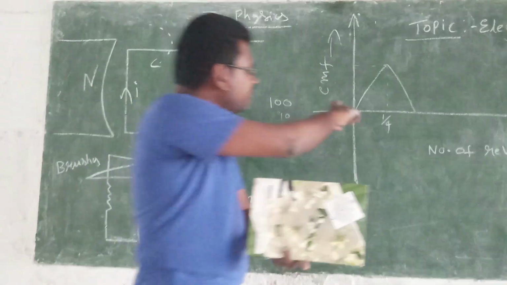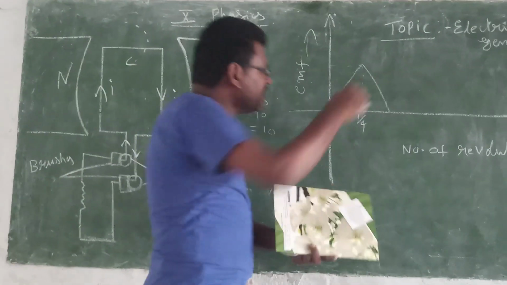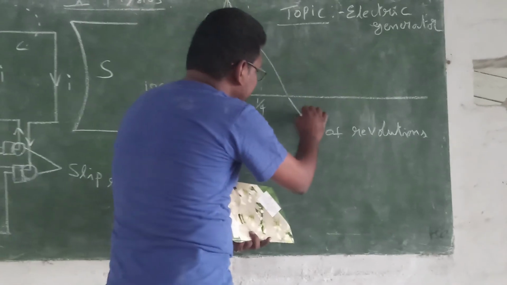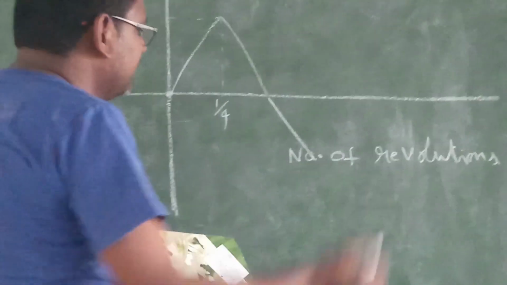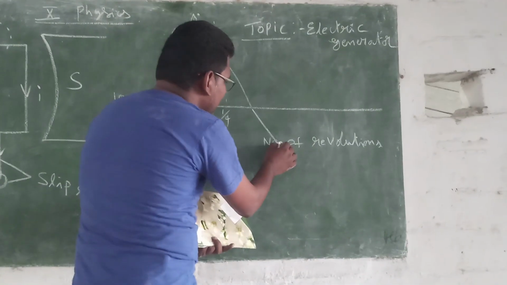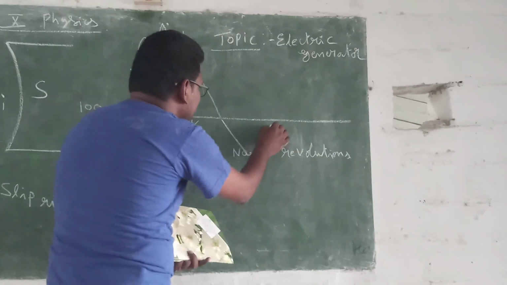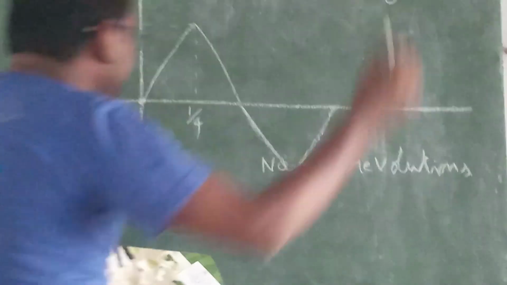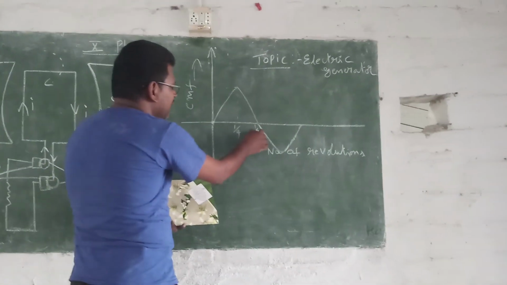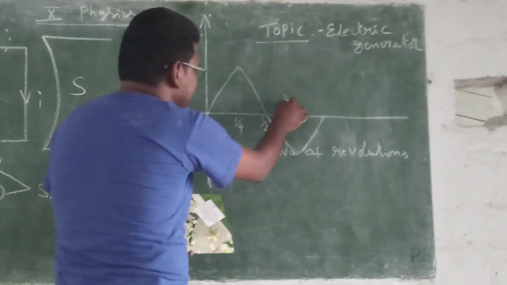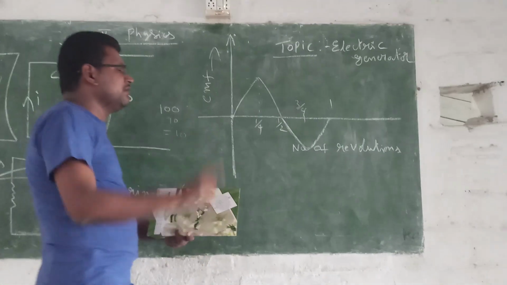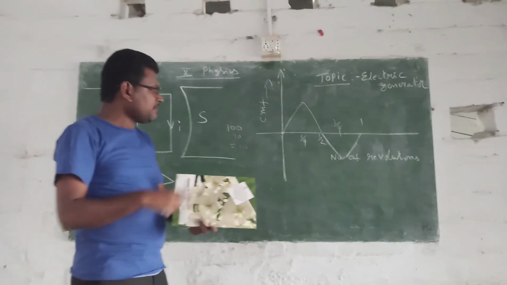That means after the half rotation, in the same way, the EMF goes on increasing. After that, again it comes to zero. So this is the half rotation, this is the 3/4 rotation, and this is after one complete rotation.